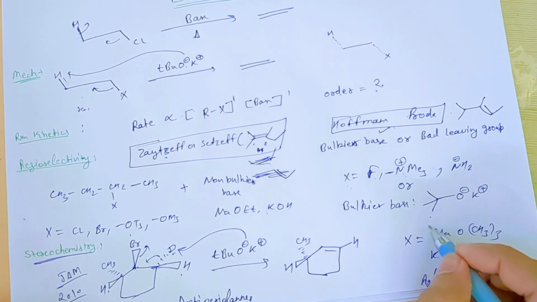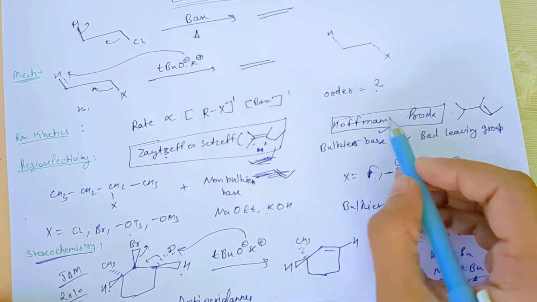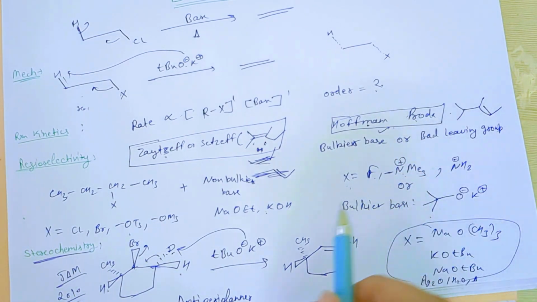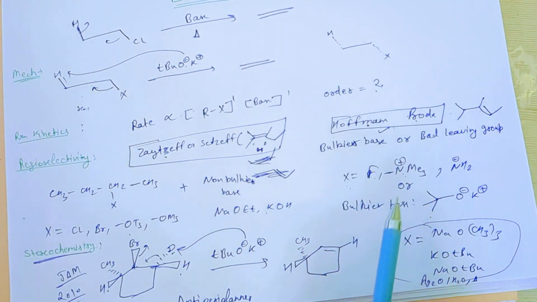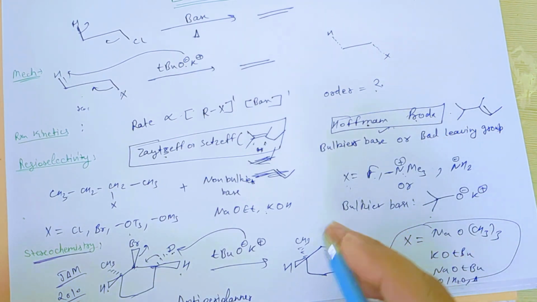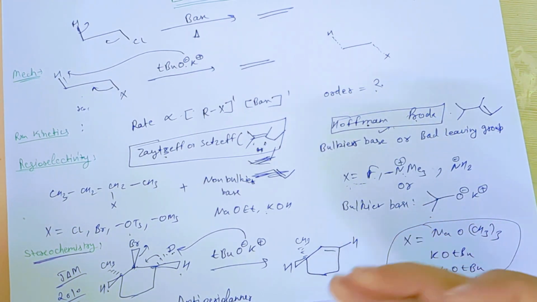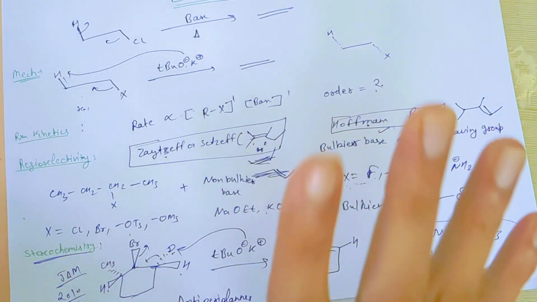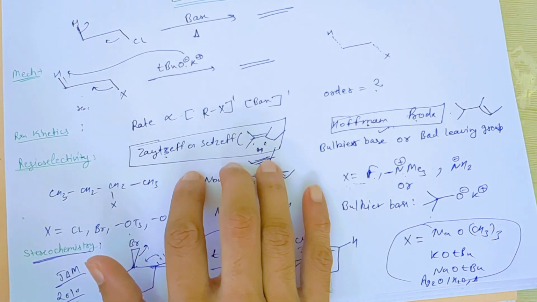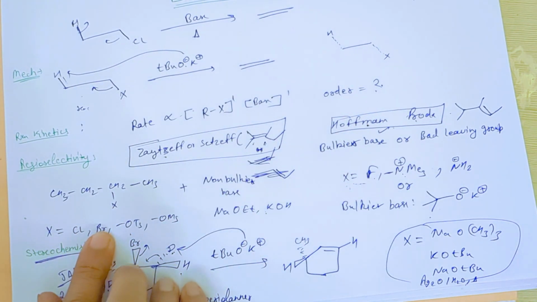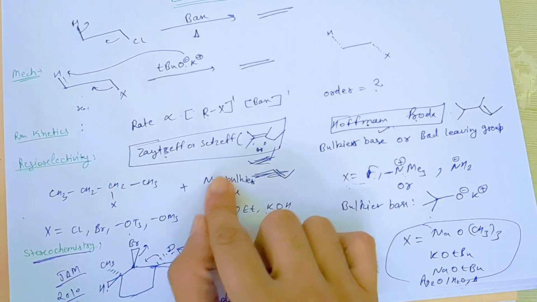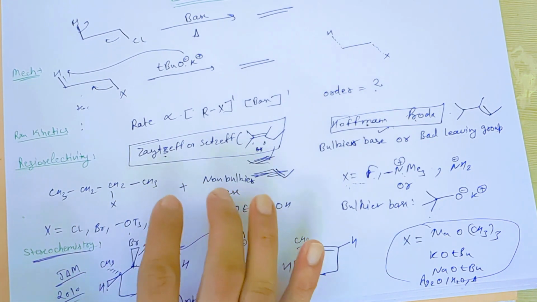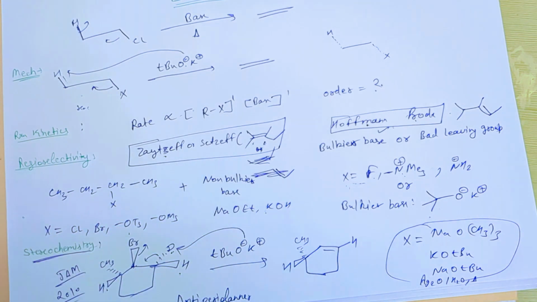So if this type of base is present, then we will get Hofmann product, okay. So you can see if only one condition is satisfied, bad leaving group or we can say bulkier base, then Hofmann product. And if there is a good leaving group plus a non-bulkier base, both conditions have to be satisfied, then we will get Zaitsev product, okay. So this is the overall conclusion of the E2 elimination mechanism, reaction kinetics, regioselectivity, and stereochemistry.